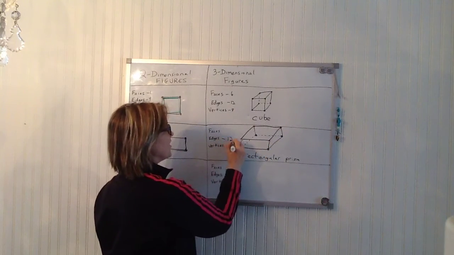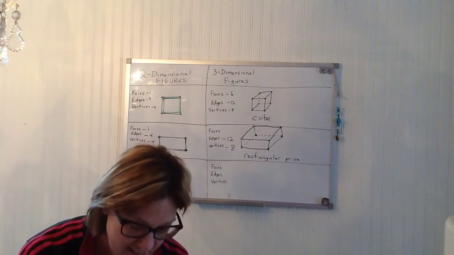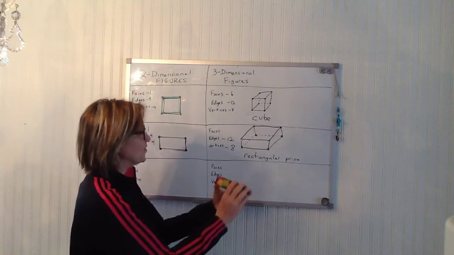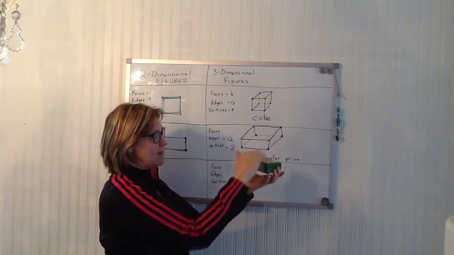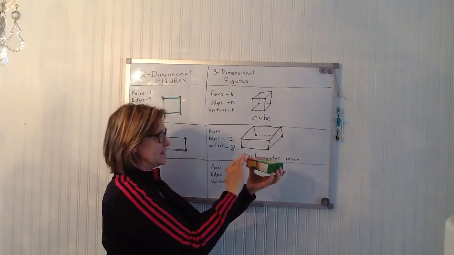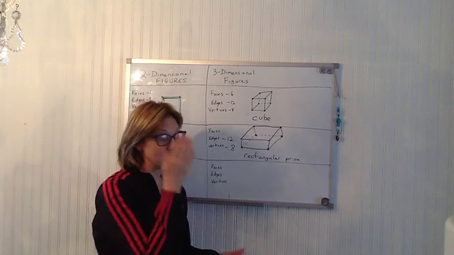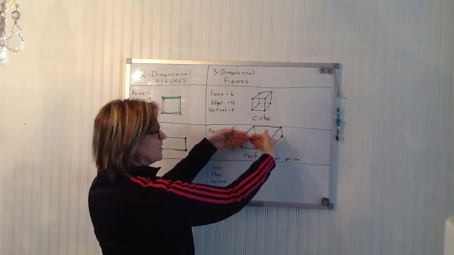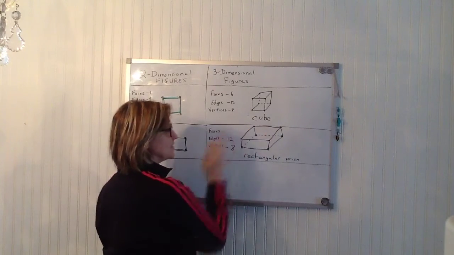So that's 12 edges, 8 vertices. And if we look at the faces, I'm going to use a model for you. We have the front, the back, the top, the bottom, the side, and the side. To get the perspective on a piece of paper that's a flat surface, you can look at it as front, back, top, bottom, side, side.